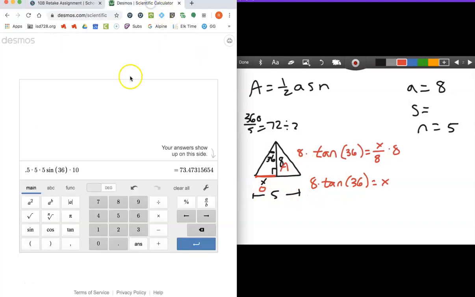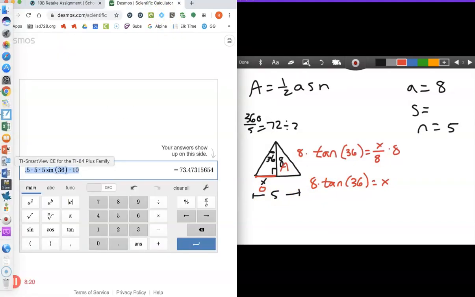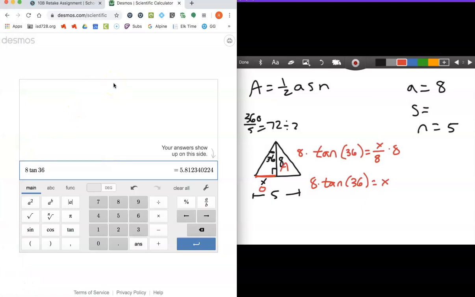So let me go to the calculator for where we're at. We have 8 tangent of 36. Whoa, tangent of 36. Okay, that 5.81 is equal to X, but what I need is S, which is 2 of those 5.81s.